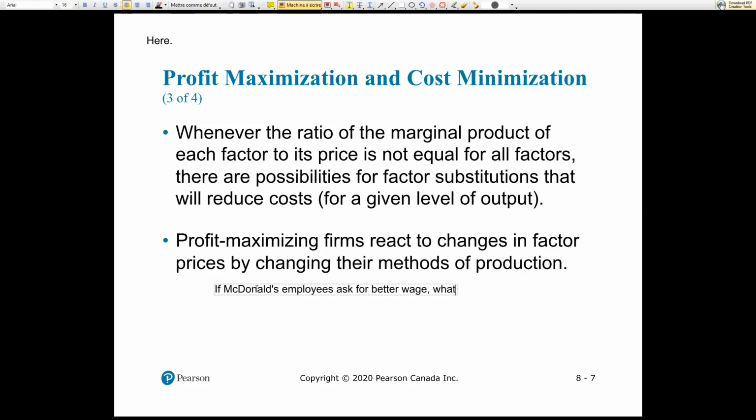What should McDonald's do? Or I would say, ask and receive. Any idea?